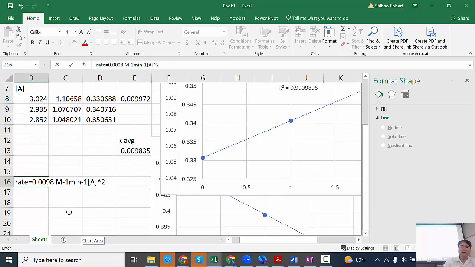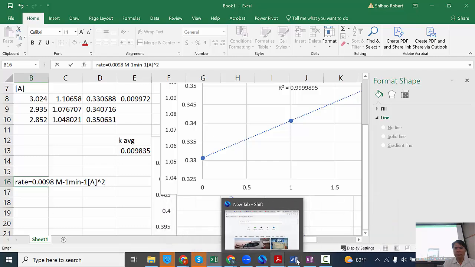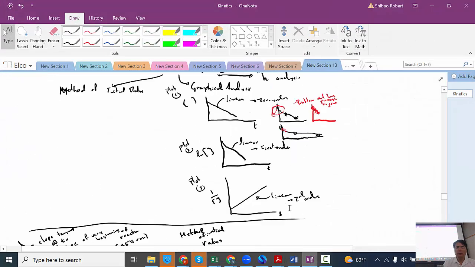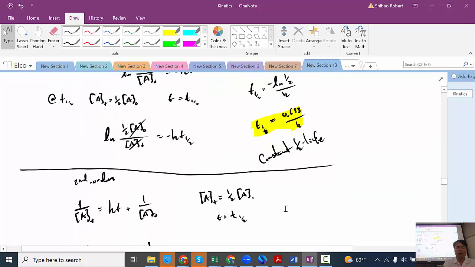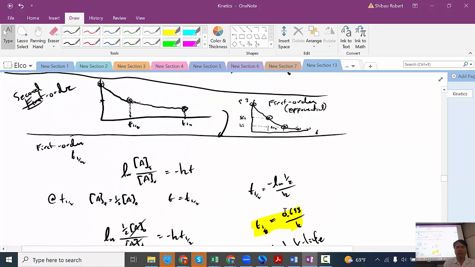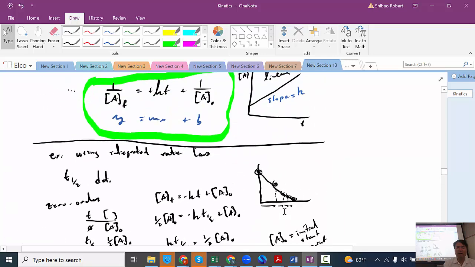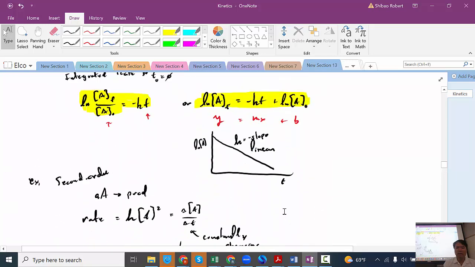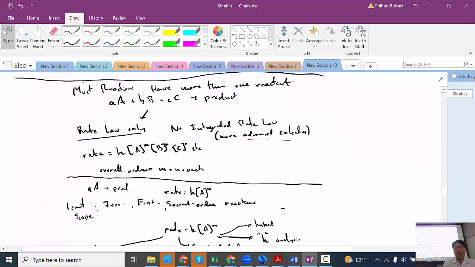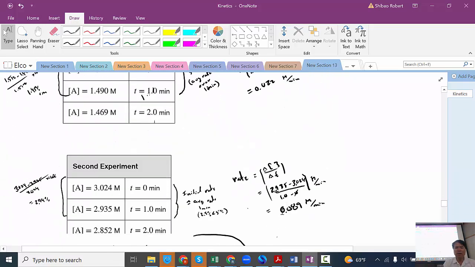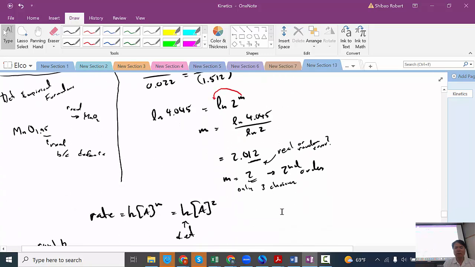So how does this rate law compare to the rate law we had earlier from the previous analysis? From earlier, we should get the same rate law, but this one is relying on a little bit more data than the previous one did. And so this one may be more reliable for the K value, I would think.